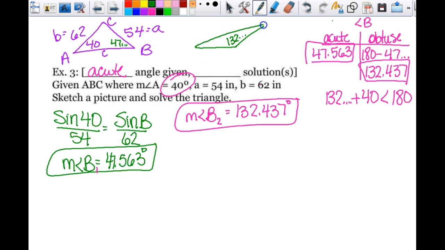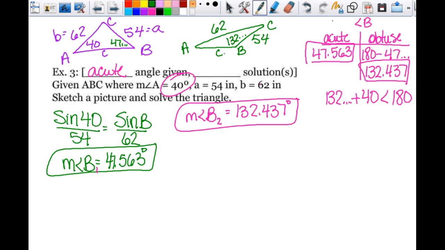This is still 40, so my triangle would look something like that. And you don't have to draw them to scale or anything. I just want you to see that that's what's happening here. So not only does that change angle B, it also changes angle C and the length of little c. So I'm going to have two for everything. All right, we good?